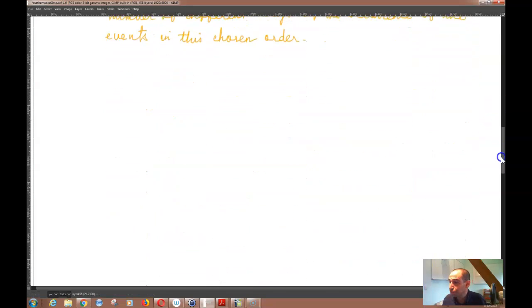As an example, we have example number 1, which is: find the number of 4-letter words, with or without meaning, which can be formed out of the letters of the word ROSE, where the repetition of the letters is not allowed.